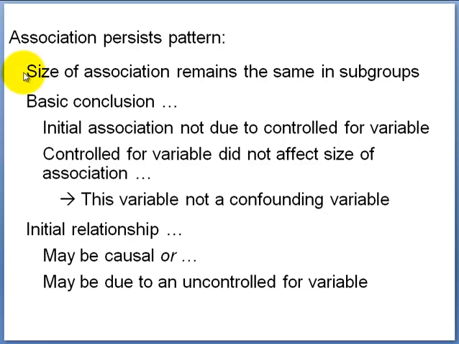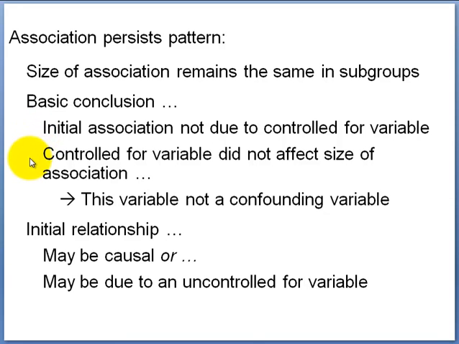So let's in essence treat that adoption example as our association persists pattern. It was pretty close to that pattern. So when the association remains the same size in the subgroups as in the full sample, your basic conclusion is that the initial association is not due to the controlled for variable.